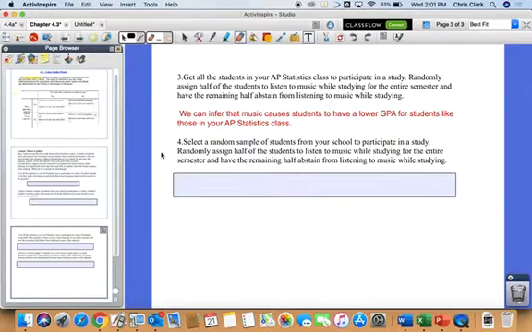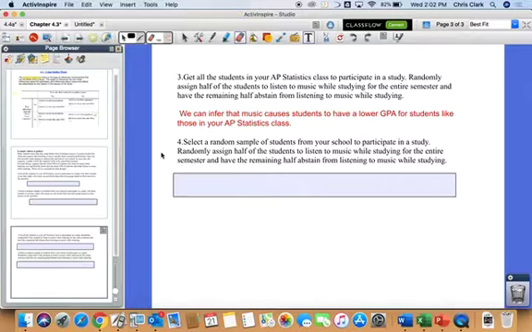I'm assuming that most of you are taking multiple APs or have taken APs before, so you might be a different level of student than other students in the school, and might react differently to music than other students in the school. So students like yourself, we can apply this cause and effect relationship. Are we assuming the 5% thing? Yeah, we're assuming that the results that we got were statistically significant. Okay. Yes, we are.